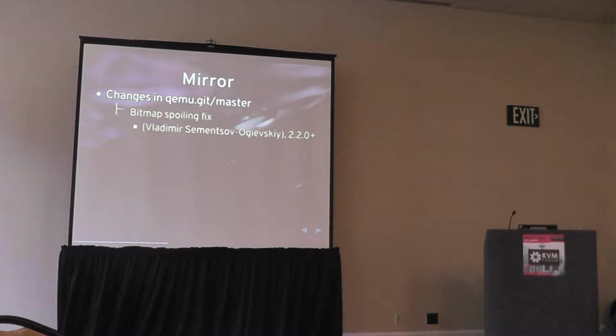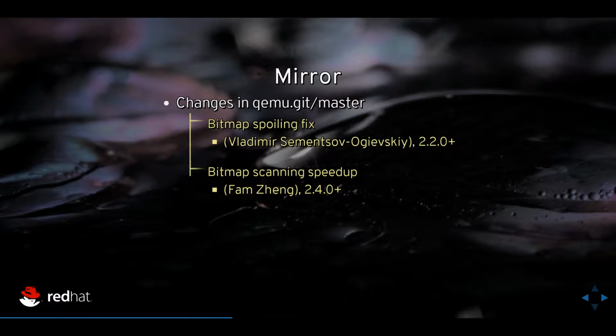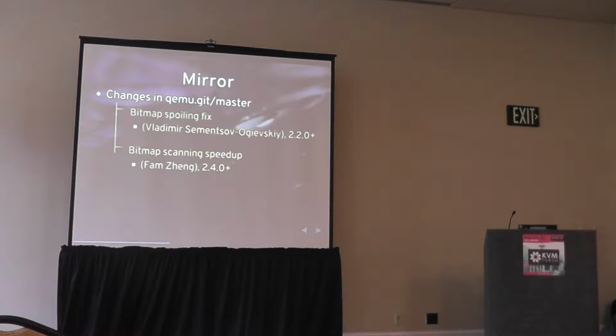Block mirror had its own bitmap, but it was using global bitmap manipulation functions for the entire block driver state, which then would set or clear or reset dirty bitmaps that weren't intended to be cleared or reset. And Fam has patches for some bitmap scanning speedup that made it in for 2.4.0.